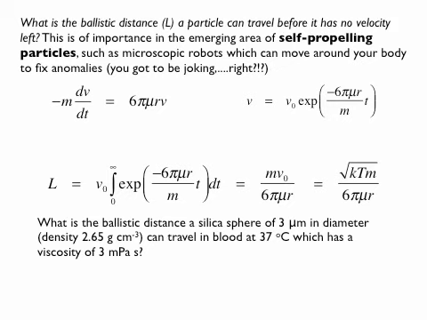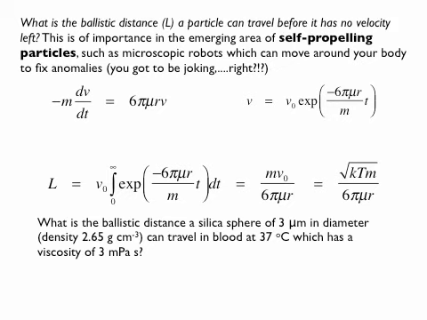So let's do that. That's the equation below. The ballistic distance is v0, a constant, my initial velocity, and then I integrate from time 0 to time infinity the expression from the top, and you can see it's like an exponential decay. So for time infinity, you get 0, and the exponential at time 0 ends up as 1.